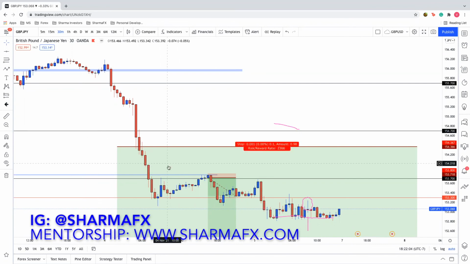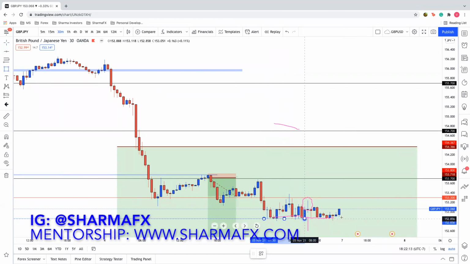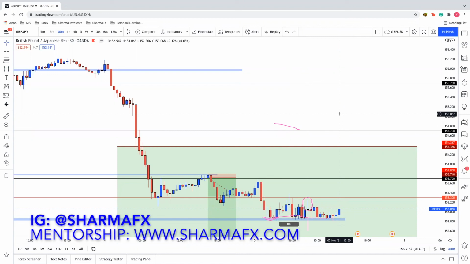And then as we started to approach the end of the week, I was getting more and more anxious, and eventually I moved my stop loss too close to where price was, and I got stopped out. It wasn't profits, but it would have been a lot. I would have had a lot more if I would have just taken some partials here instead of hoping, again, emotions, hoping that it would break.